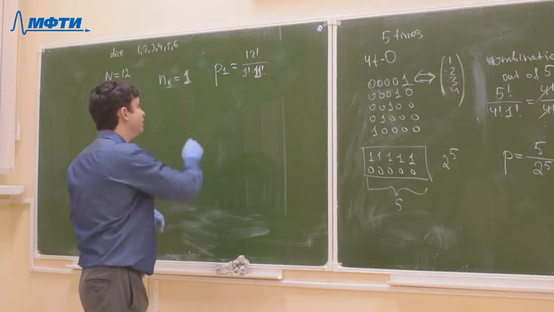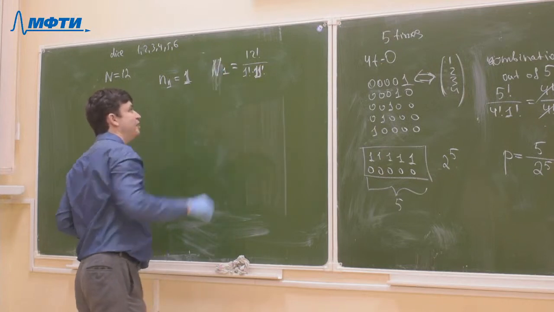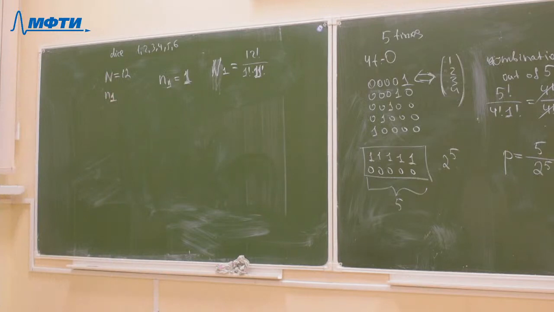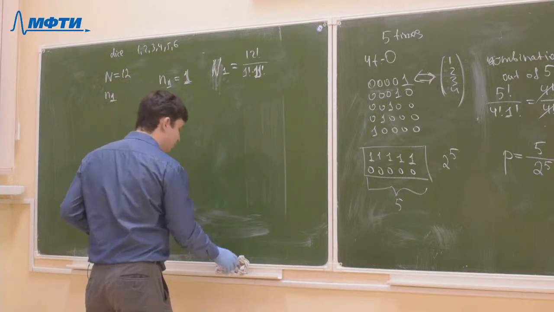So let's say first I calculate n1, the number of combinations in which we have 1 as a result.